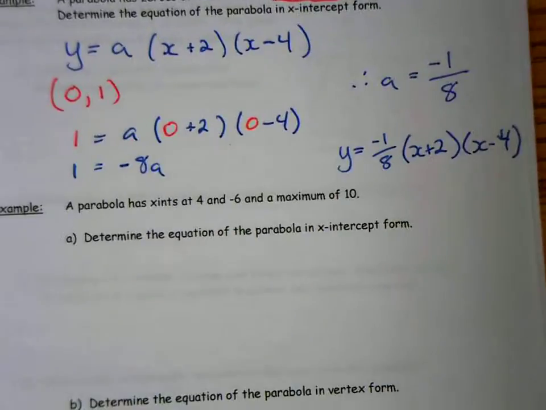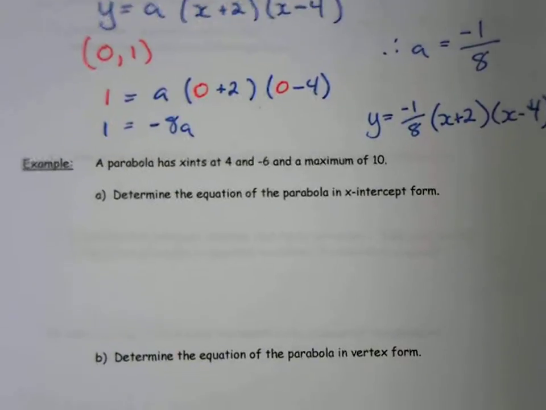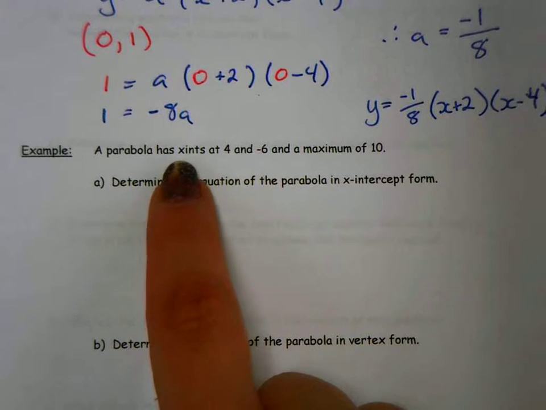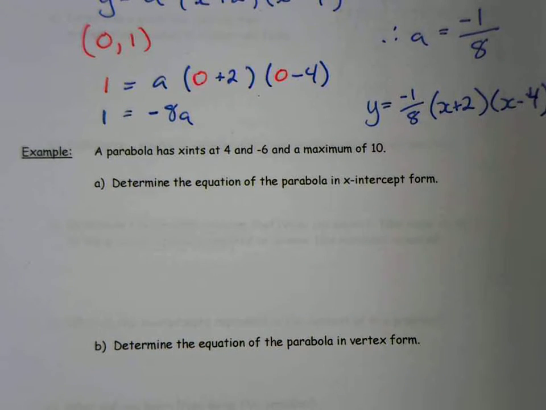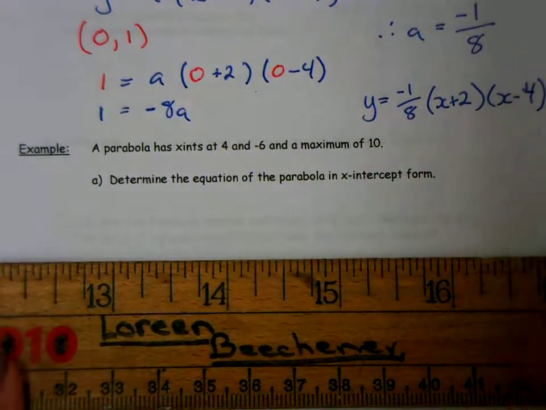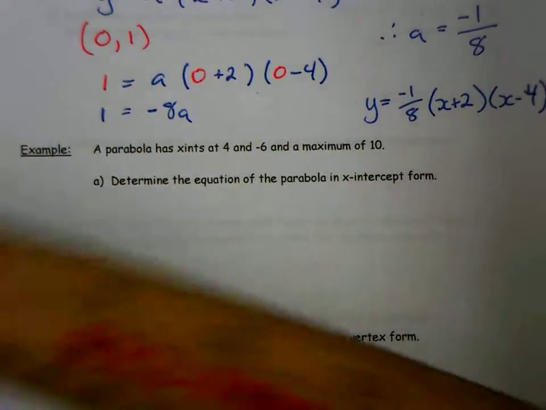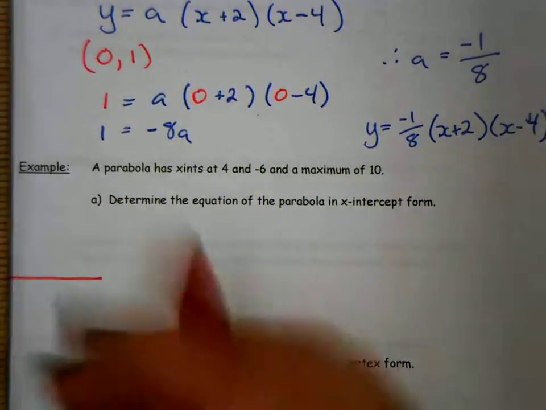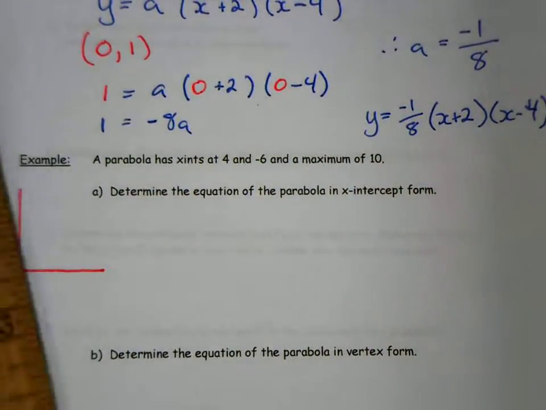All right, one more time. A parabola has x-ints at 4 and -6 and a maximum of 10. All right, this one I think I'm going to need a picture. So if I draw the x-axis, y-axis, all right.